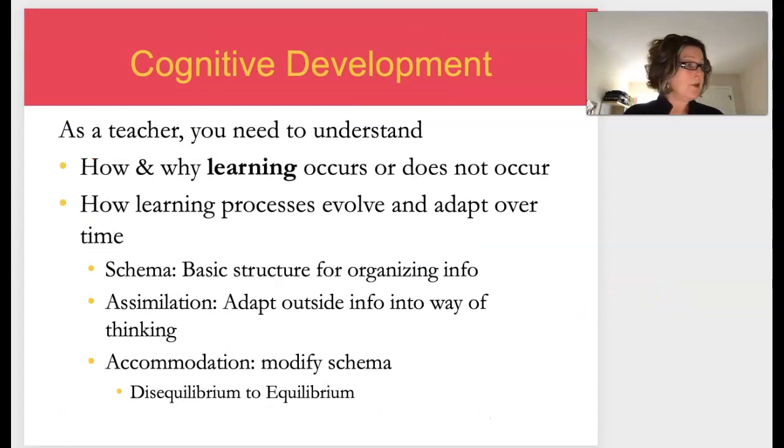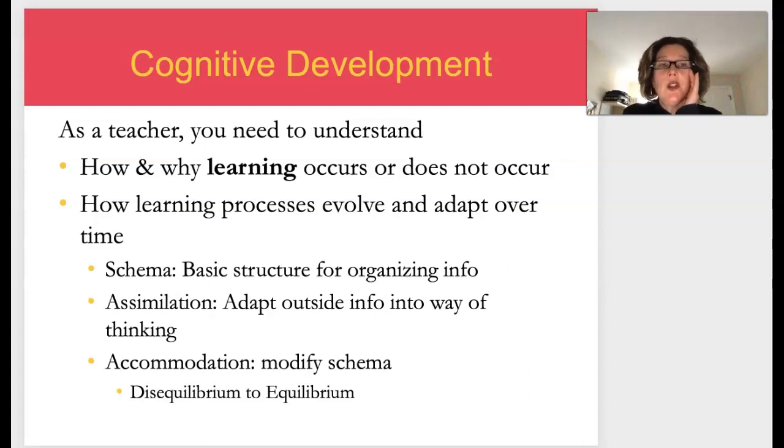Okay. So basically, as a teacher, you need to understand how and why learning occurs or does not occur. It's kind of the thing we do. It's the thing that we're focused on.